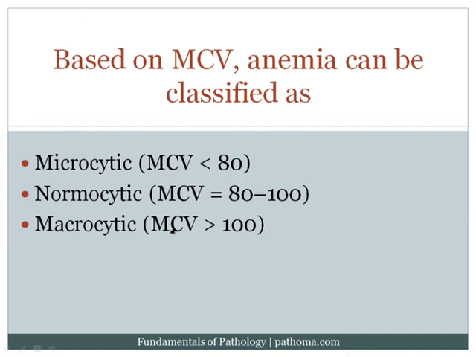Let's just remind ourselves that the normal red blood cell has an MCV, or a mean corpuscular volume, of about 80 to 100. That's the normal. Less than 80 is considered microcytic, i.e. the cells are smaller than they normally should be. And greater than 100 is considered macrocytic, i.e. the cells are bigger than they normally should be.